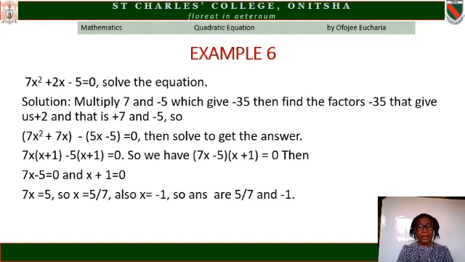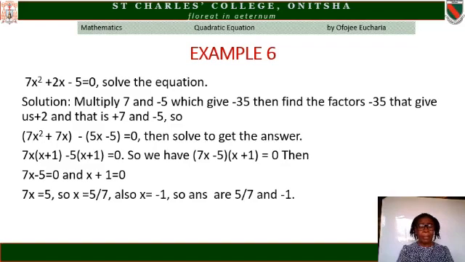Then we find the factors of minus 35 that will give us plus 2. And the factors are plus 7 and minus 5. We then use them to replace plus 2x. So we have 7x squared plus 7x minus 5x minus 5 equals 0.